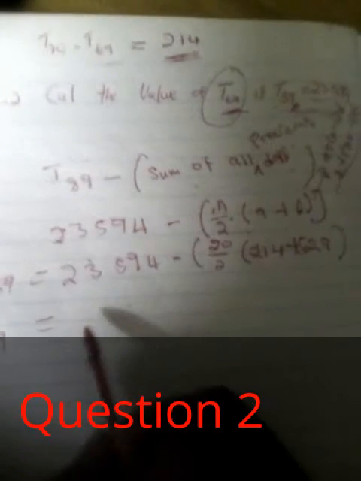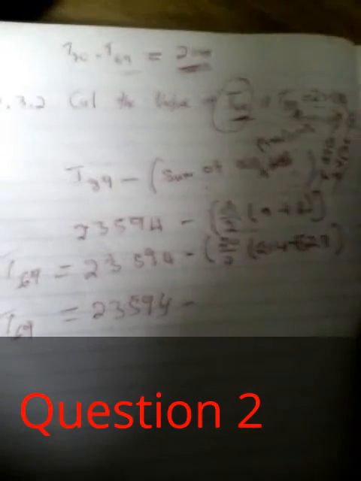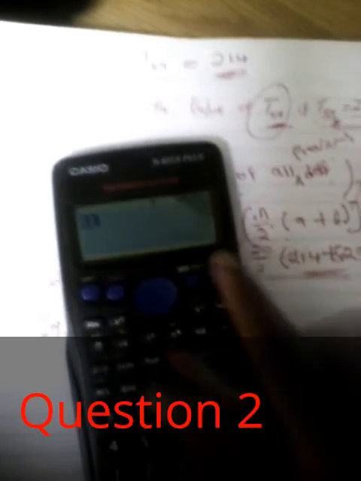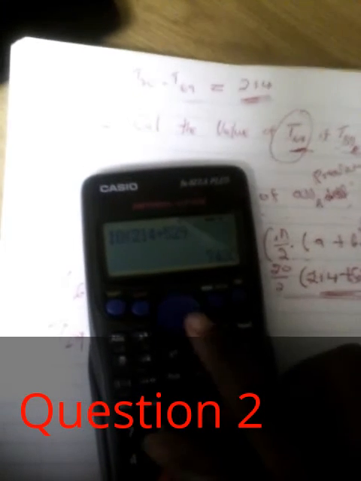Therefore, determining T69, T69 is equal to 23,594 minus, let's punch everything in, 20 divided by 2, which means 10 all into 214 plus 529. Then our solution is 7430.